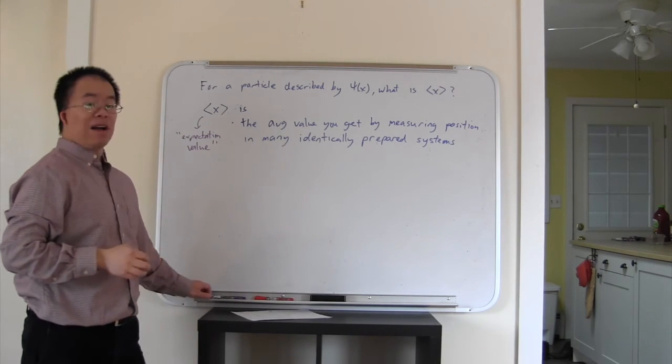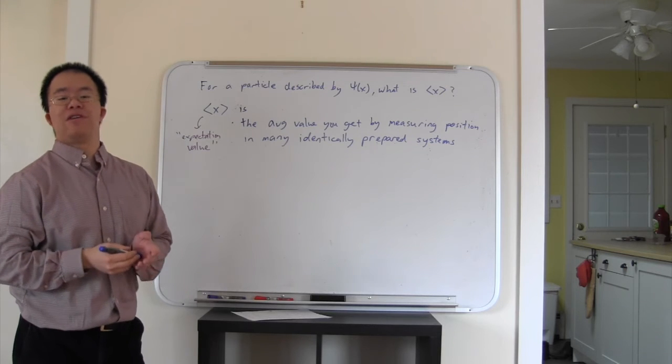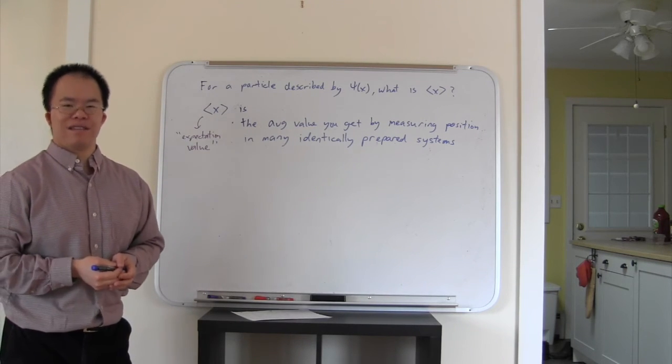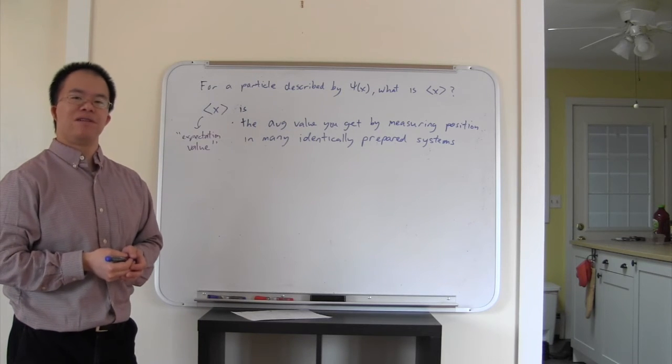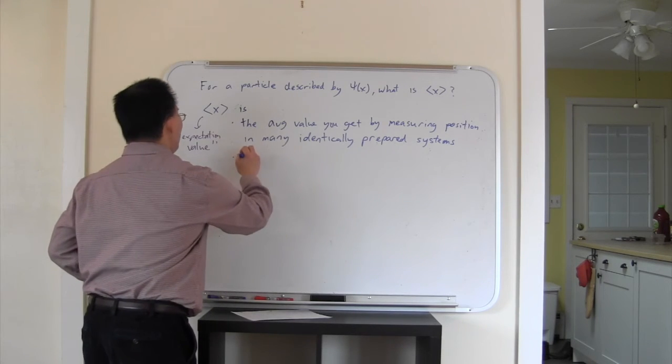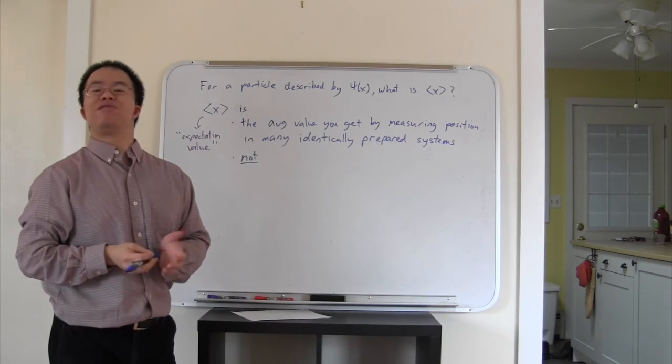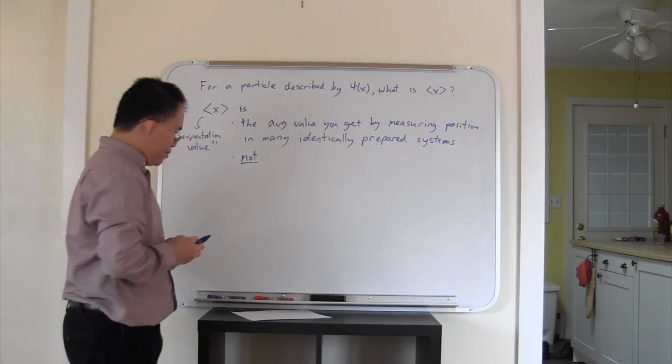Now what it is not, and we'll say more about this later on because it turns out that measurement in quantum mechanics is really, really weird, is what you get if you measure the same system repeatedly.